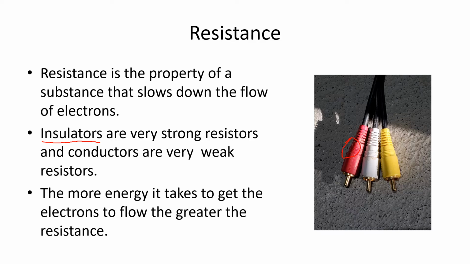The metal parts, of course, are your conductors, and these are very weak resistors, which means it's very easy for electrons to flow through those. There's a whole range in between as well that can govern how easily the electrons flow.